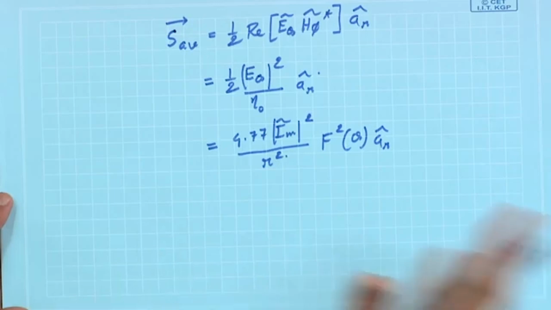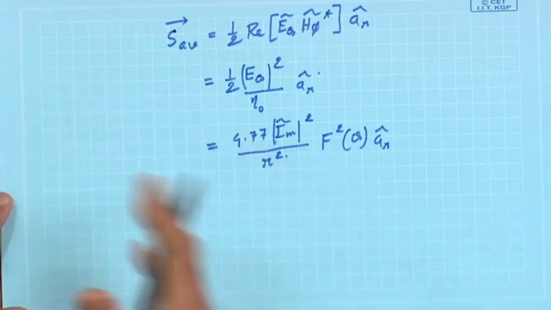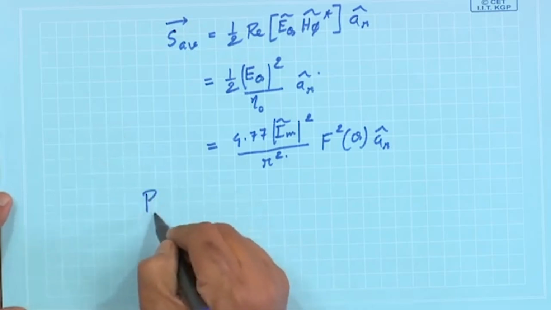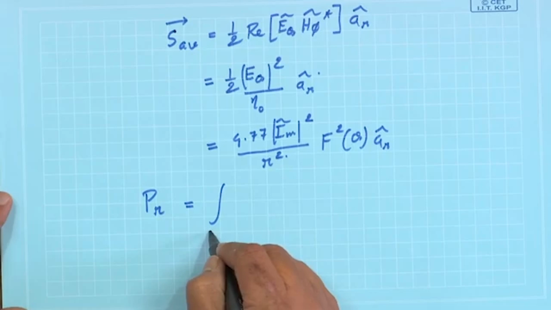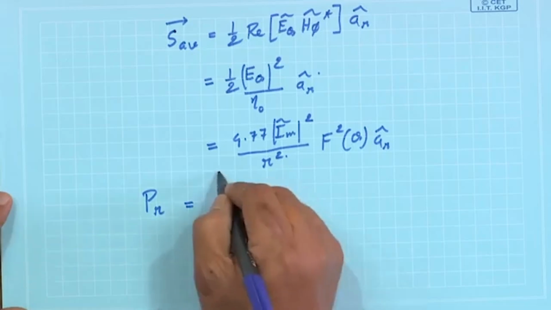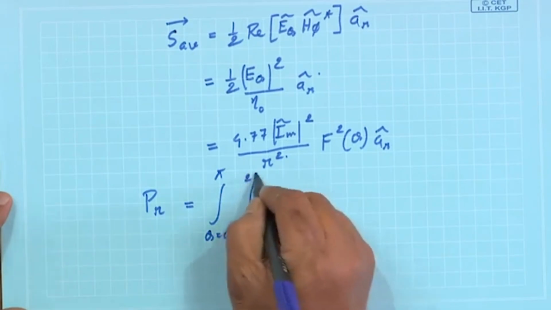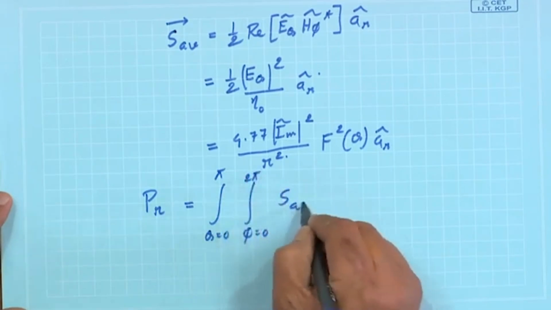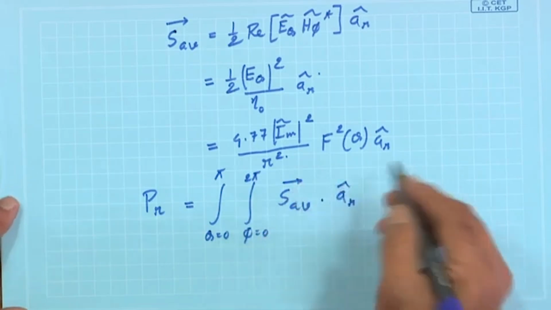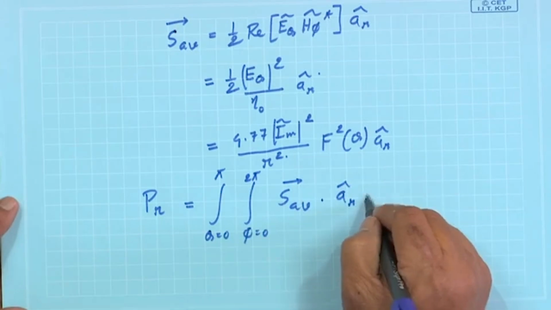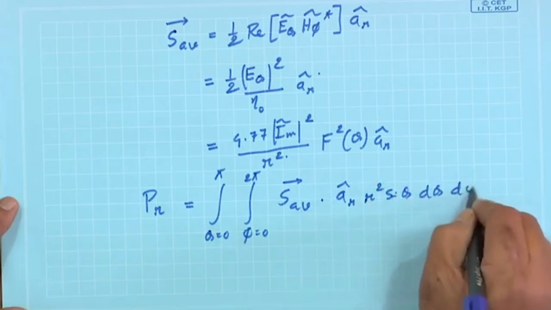So, we will have to integrate it over a hypothetical closed spherical surface. So, P R is, we have already seen how to do it, over an elemental spherical area R square sin theta d theta d phi.